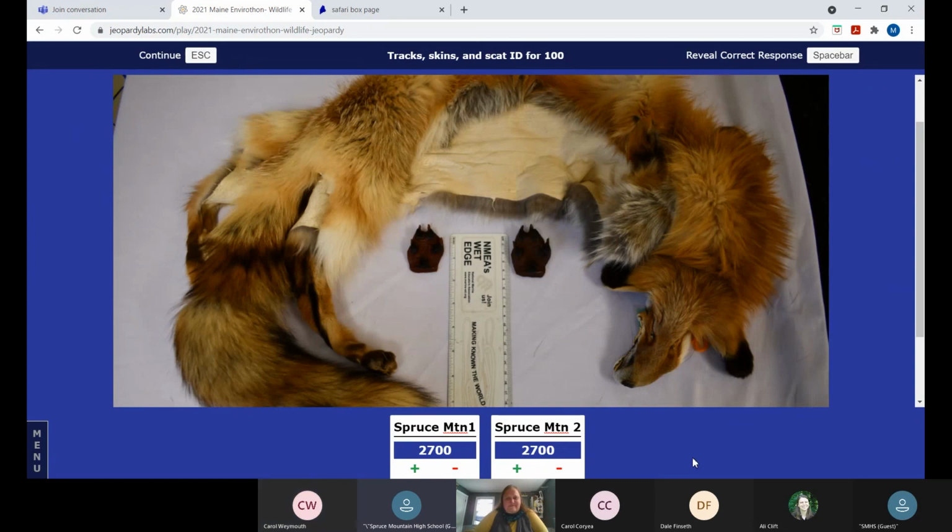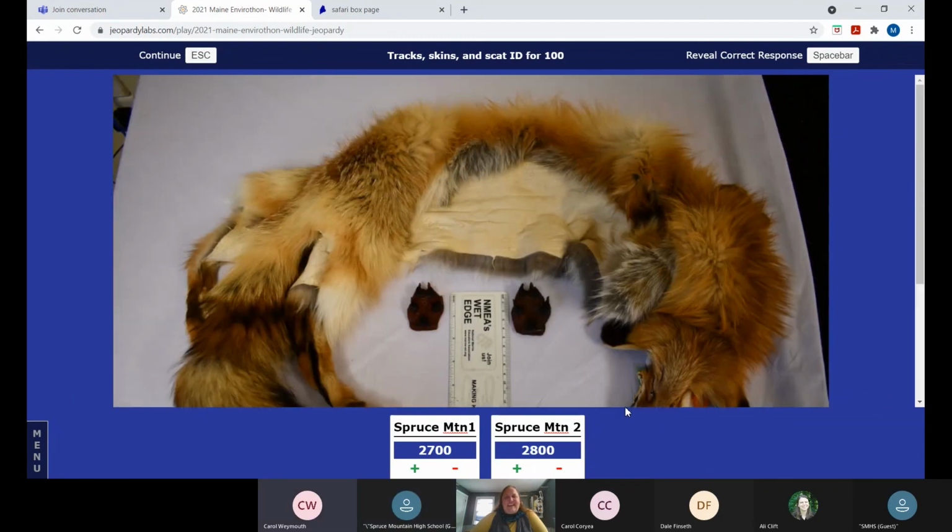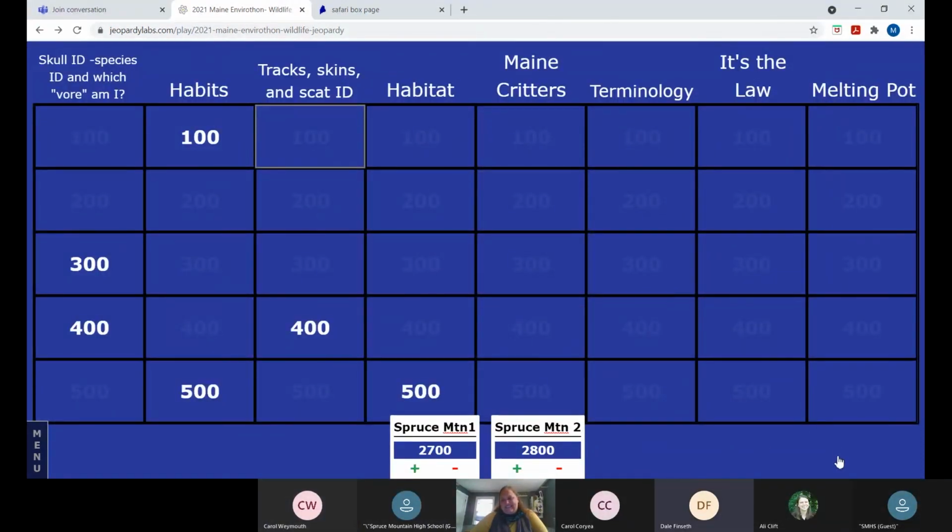That looks red fox-ish. Very much. I'm nodding. Okay, I can't see you nodding, but you got it. Now you get all the bragging rights. Well, we get all the bragging.